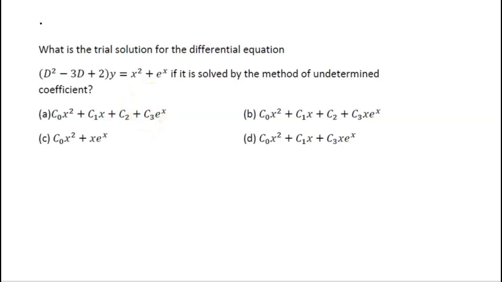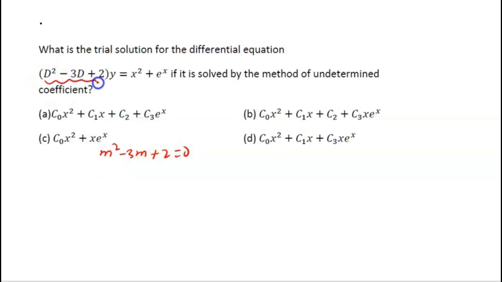I think this is another method of undetermined coefficients problem, so let us do it quickly. What is the complementary function? Before we write it, we should write the auxiliary equation, which is m square minus 3m plus 2 is equal to 0.